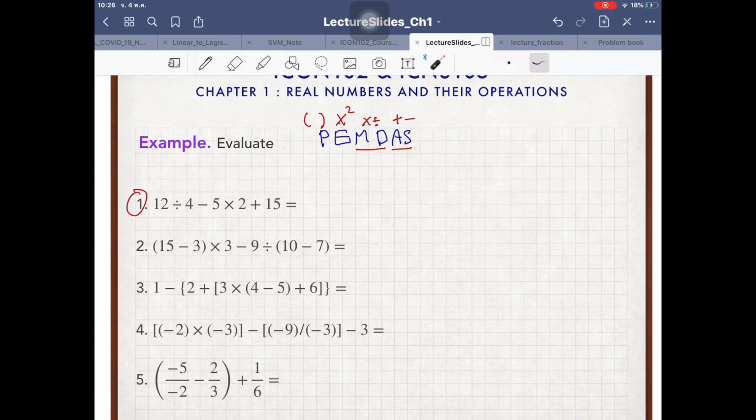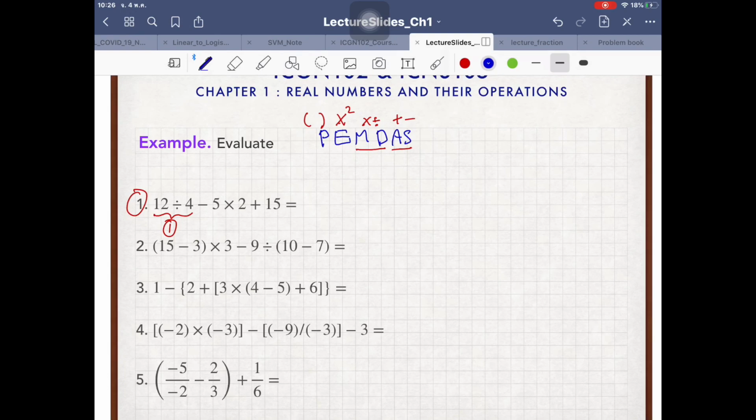So in the first step, you need to apply the 12 divided by 4. That will be the first step or the first order.